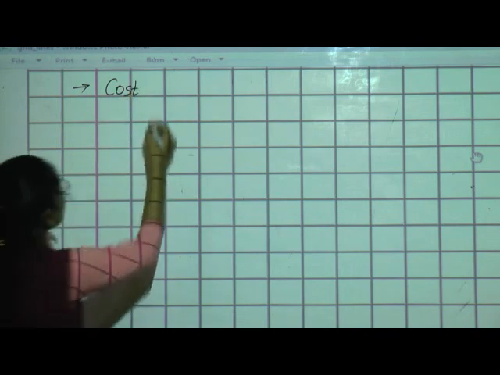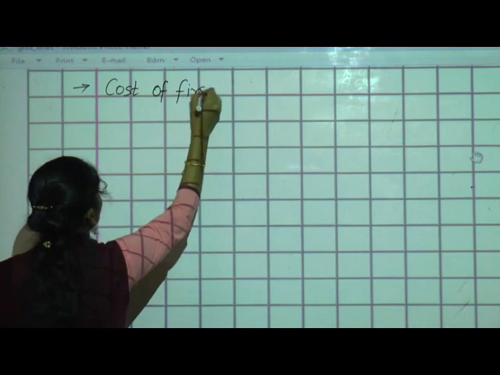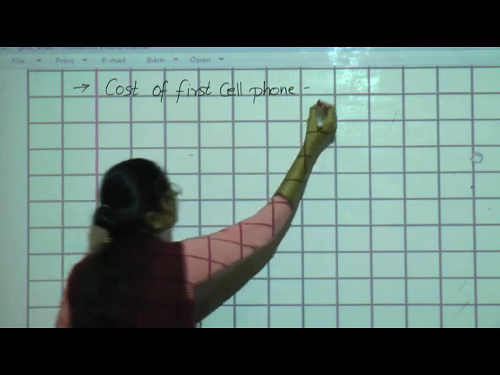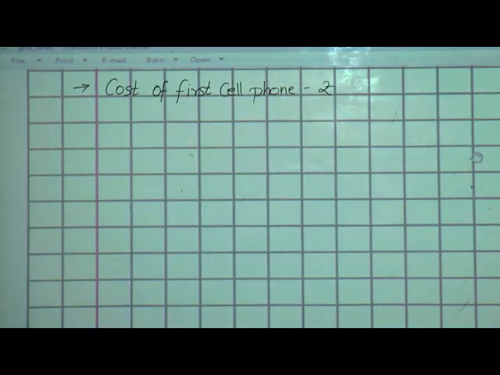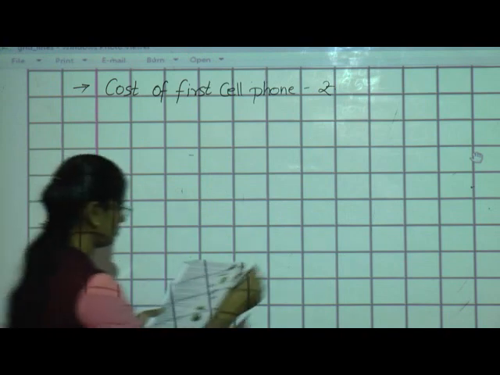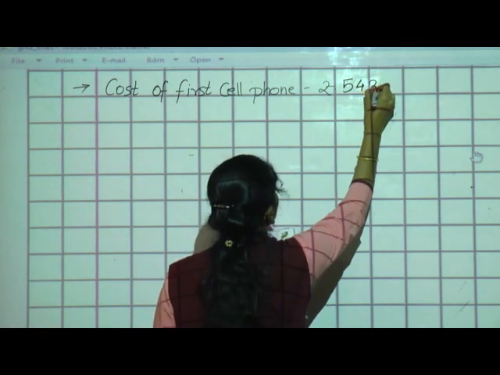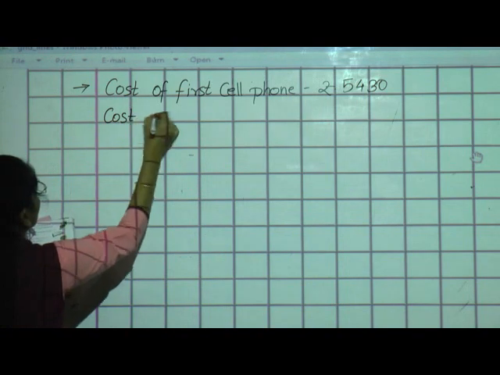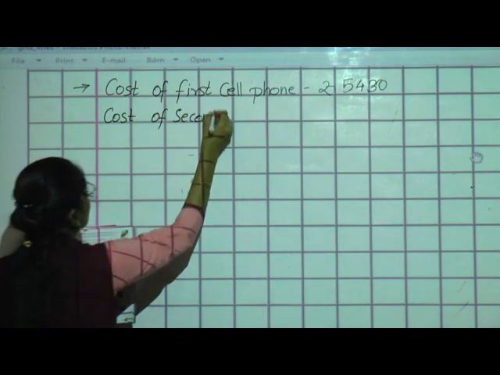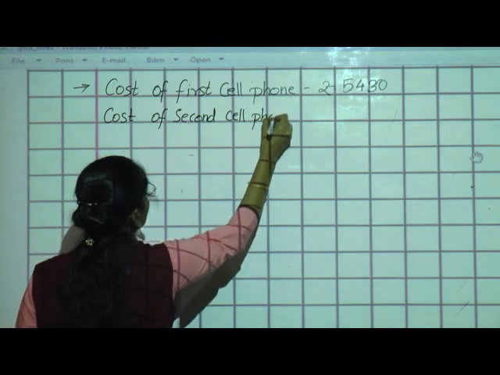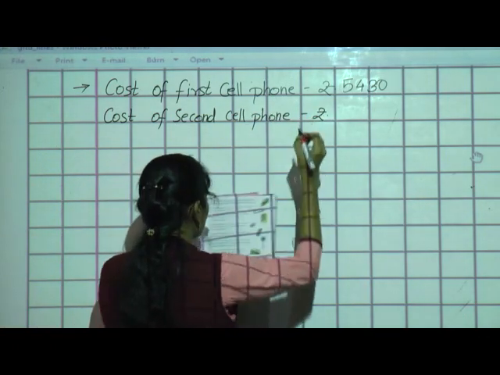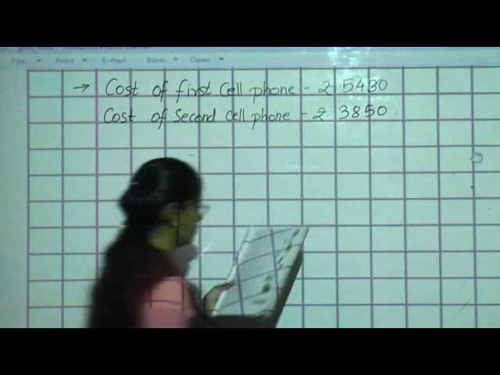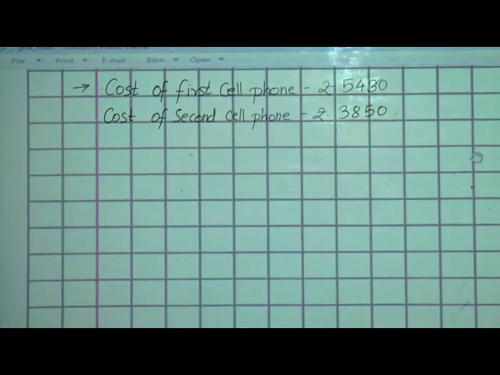The cost of the first cell phone is rupees, yes, 5,430 and the cost of the second cell phone is rupees 3,850. And the question is, how much did she pay in all?